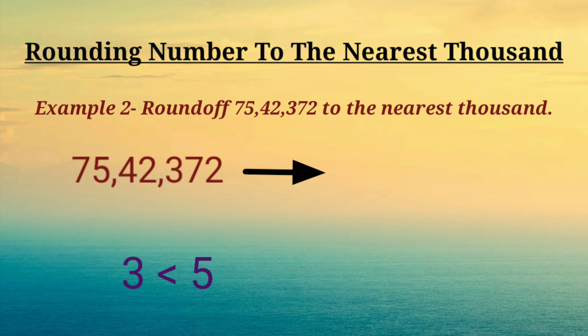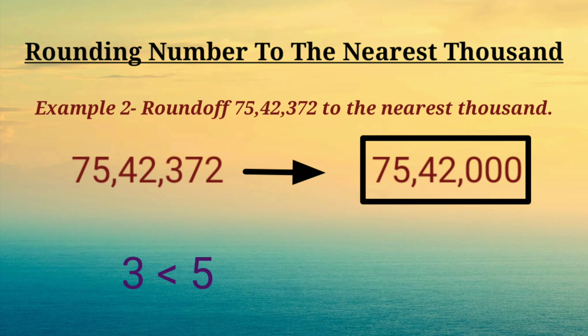Therefore, 2 remains as 2 itself. Next, change all the digits to the right of the thousands place to 0. So, 75,42,372 becomes 75,42,000 only. And that is our answer.